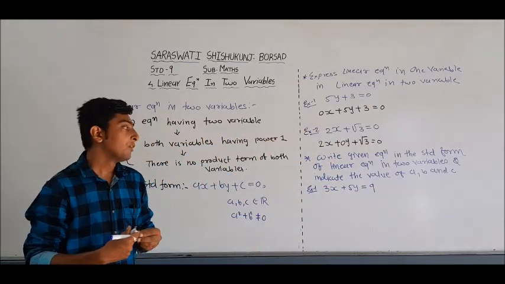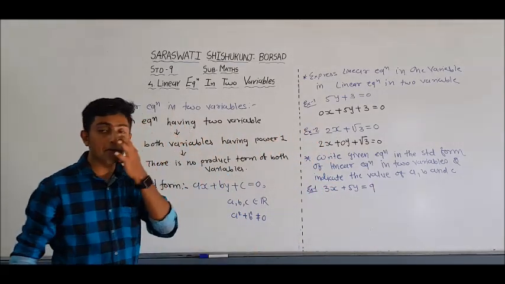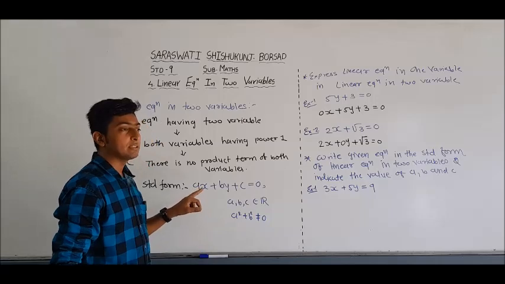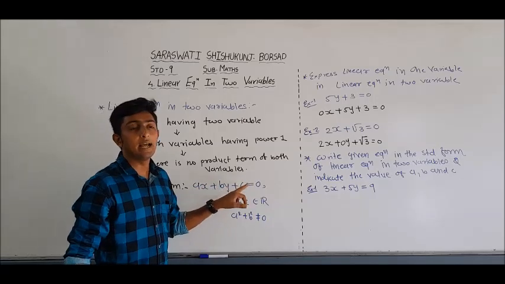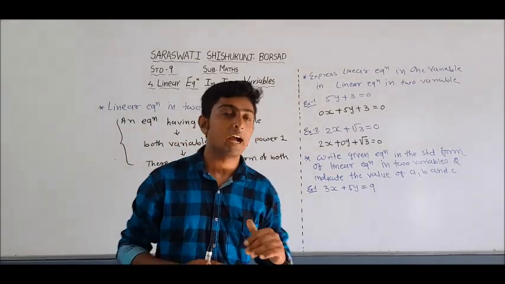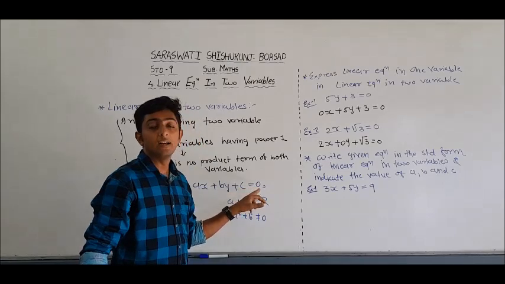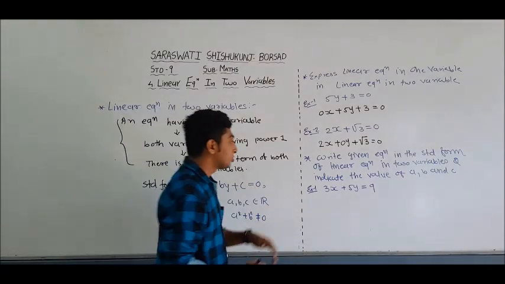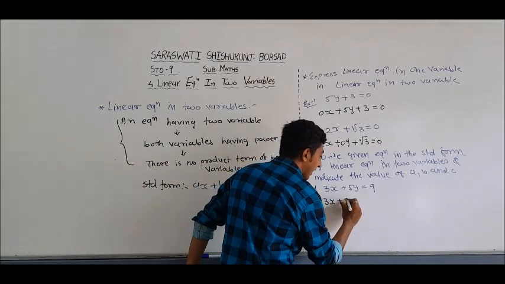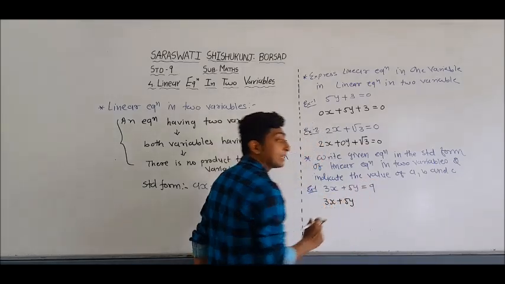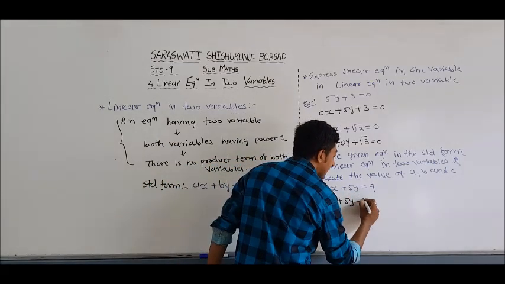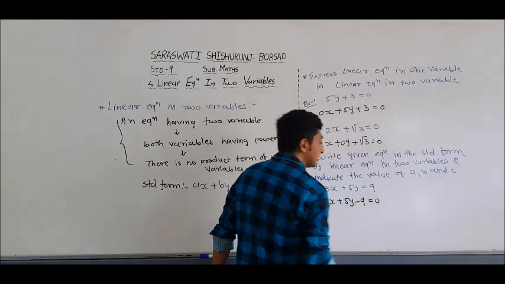First of all, we know the standard form of a linear equation in two variables is ax plus by plus c equal to 0. That means the x term, then the y term, and then the constant, equal to 0. Whenever you have to convert into the standard form, the right hand side is always 0. So we can write 3x plus 5y, and 9 will go to the other side with its sign changed. Here 9 is positive, so on the other side it becomes negative: 3x plus 5y minus 9 equal to 0.